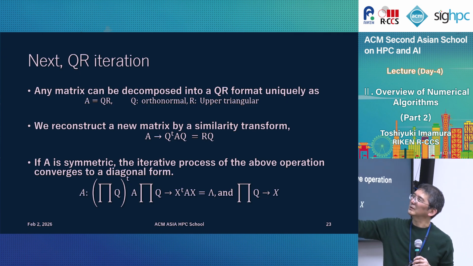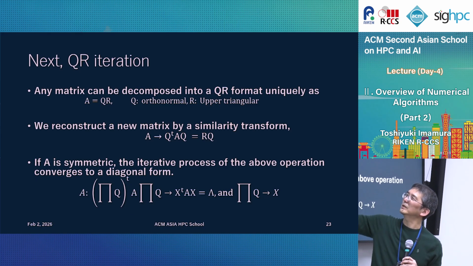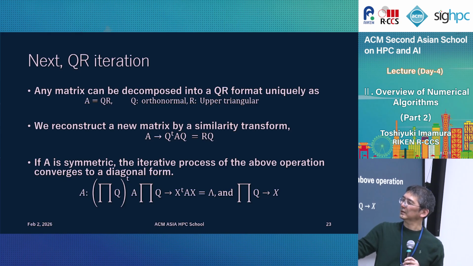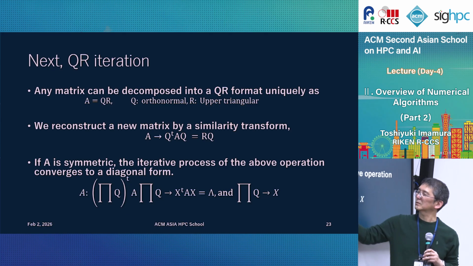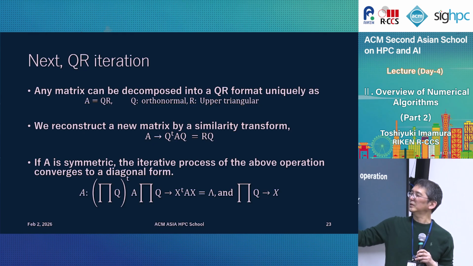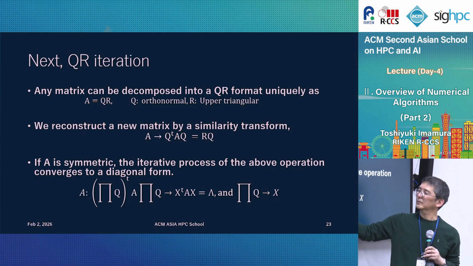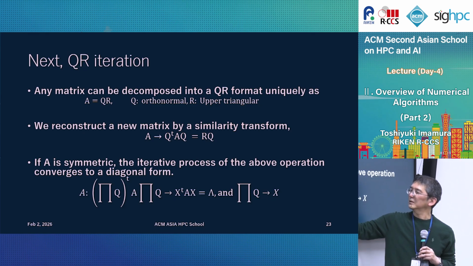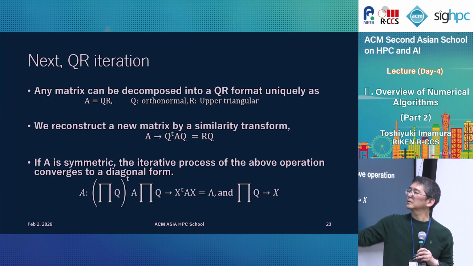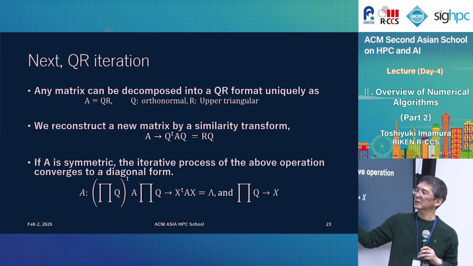If you take the multiple consecutive matrix multiplications by X, and the final diagonalized matrix is the capital lambda, then the original A is decomposed by the specific matrix, and then we have a diagonal matrix.